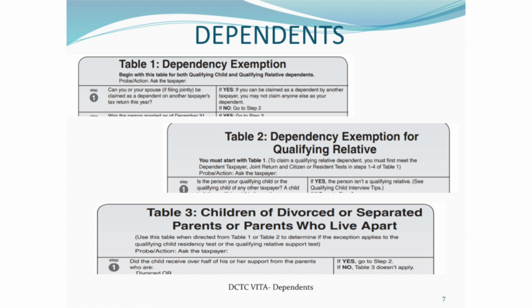If the answer is yes in Step 7 of Table 1, it directs us to use Table 3, Children of Divorced or Separated Parents, or Parents Who Live Apart. My whole point in this exercise is to make sure that you read the steps and follow the steps' directions to get to the proper result.